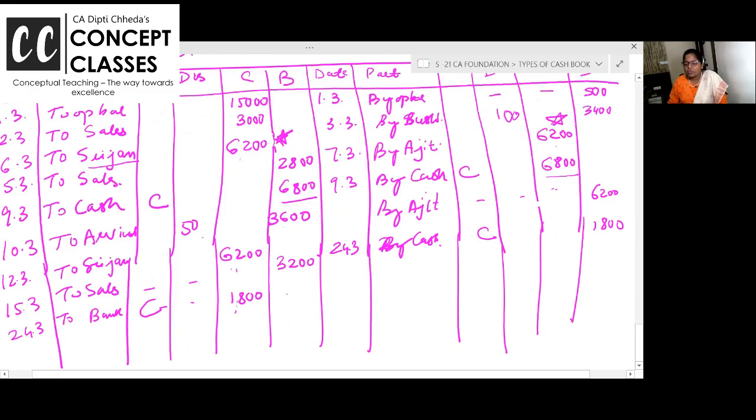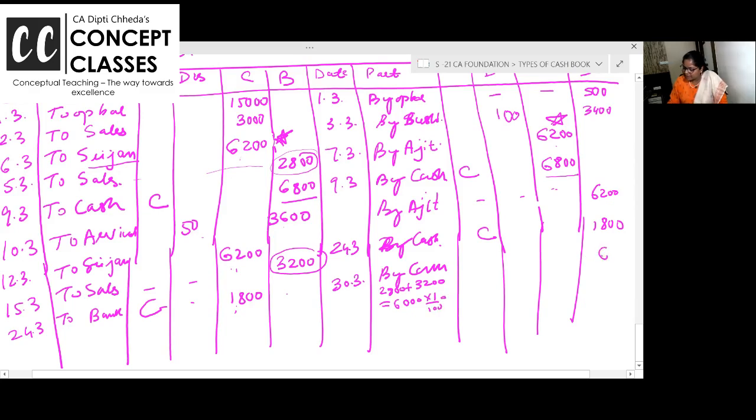Now bank charges 1% commission on sales. So on the last day, on 30th of March, can I write commission account debit to bank? Kitna commission? Whatever is cash sales through bank. So first cash sales was 2,800 and 3,200. 2,800 plus 3,200, 6,000 into 1%.